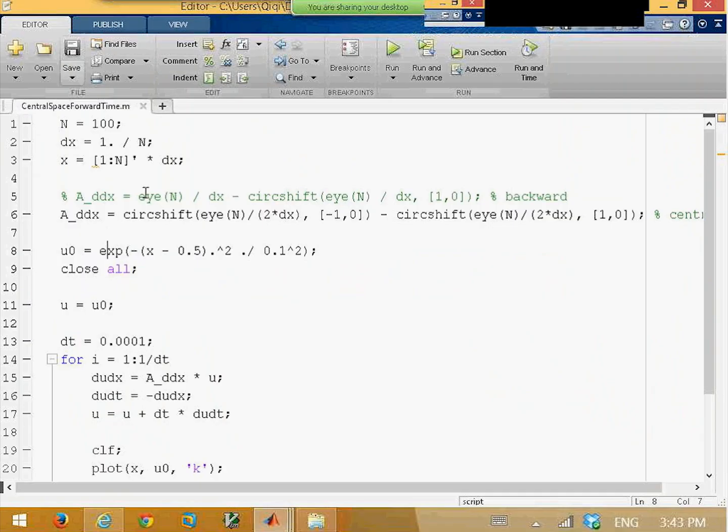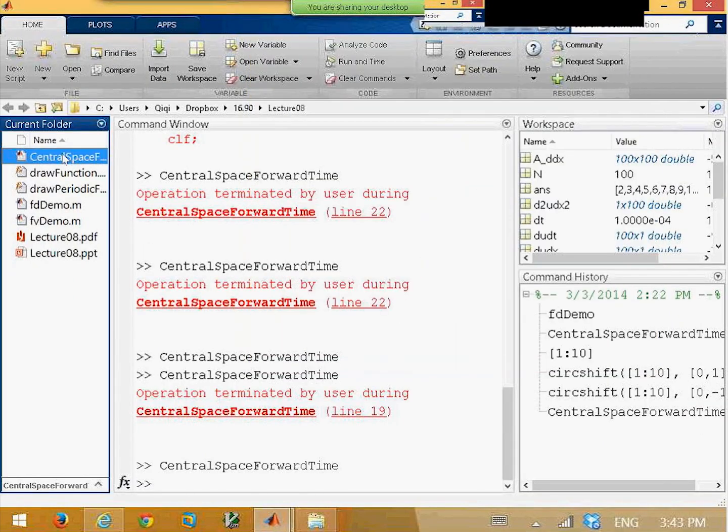so let's modify what we did onto here. So let's copy this. I think I should rename this as backward because this is backward.